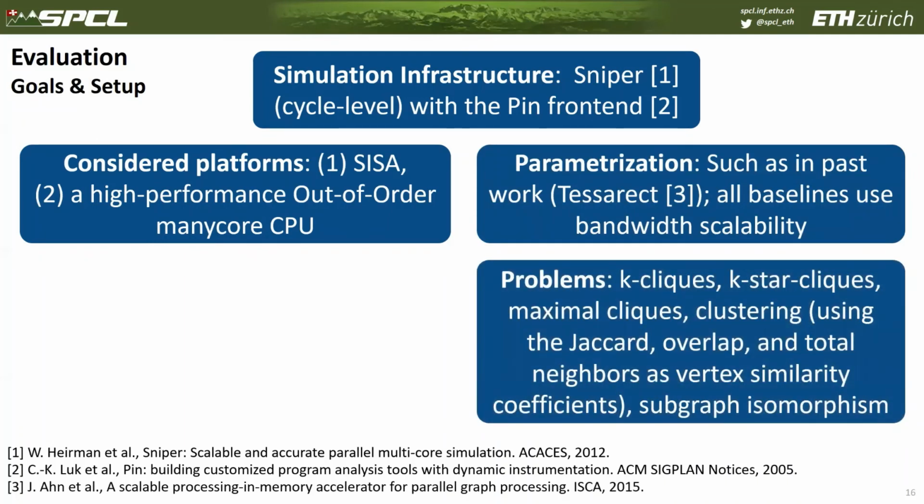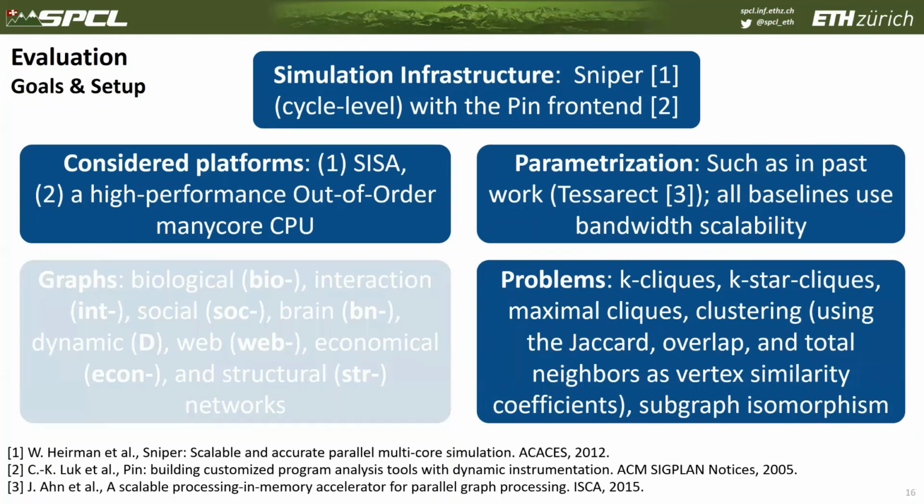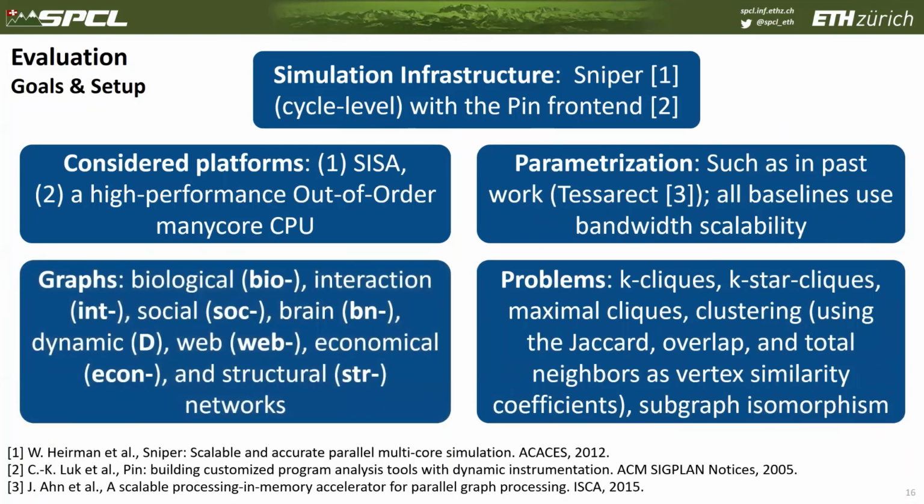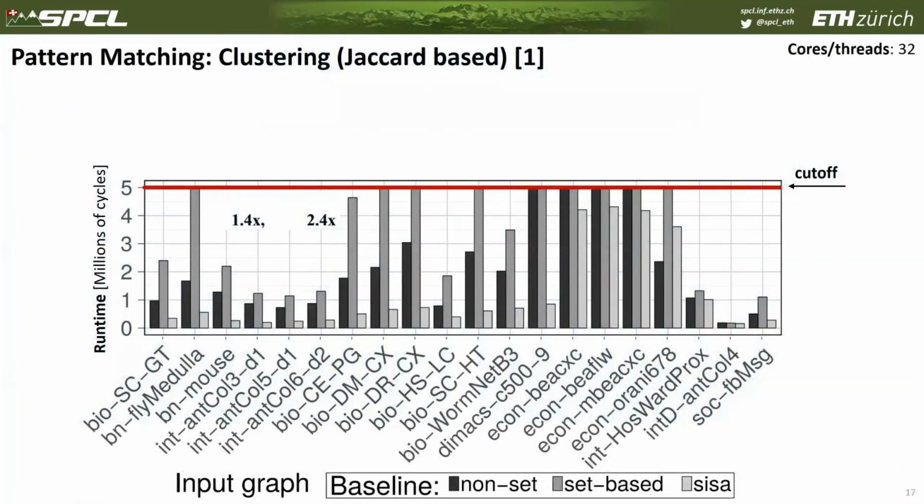We use many different problems, mostly related to mining complex patterns or to graph learning schemes such as vertex similarity, and we compare graphs coming from different domains, for example, from biology, social sciences, brain studies, web analysis, and economical or structural networks. Here we can see the results for pattern matching.